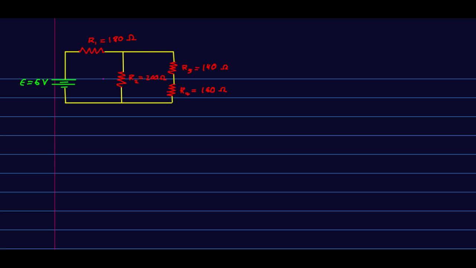And here it's maybe obvious which way the currents go. It's not always obvious, but it doesn't matter. If you get them wrong, the equations will tell you so in the end, and we'll see that. Not in this one, but in another one I'll show you. So here's I1, I'm saying it goes this way, and I2 should go this way, and I3 and I4 should go this way.